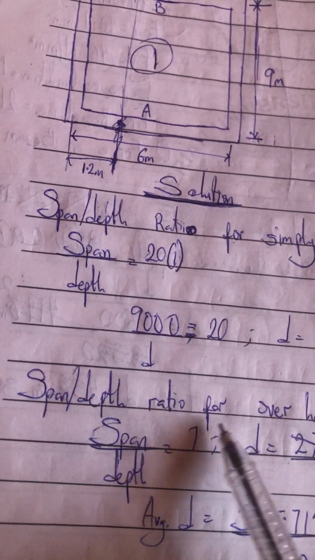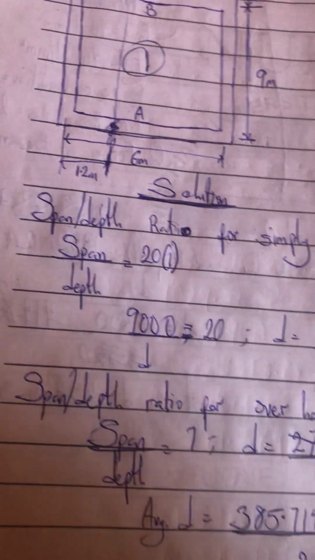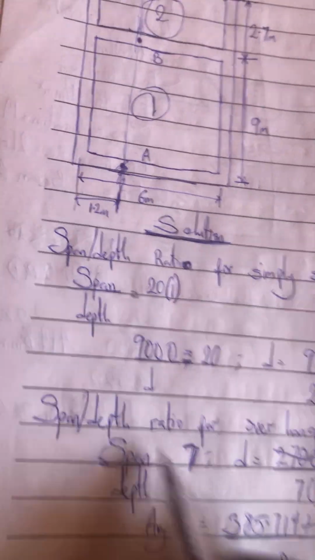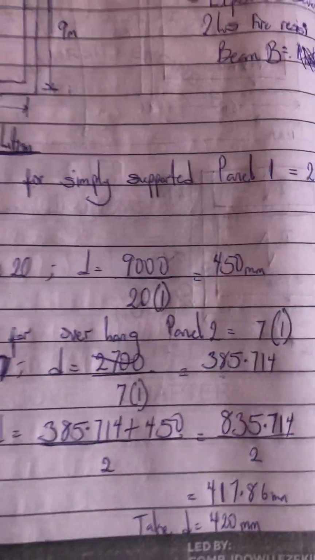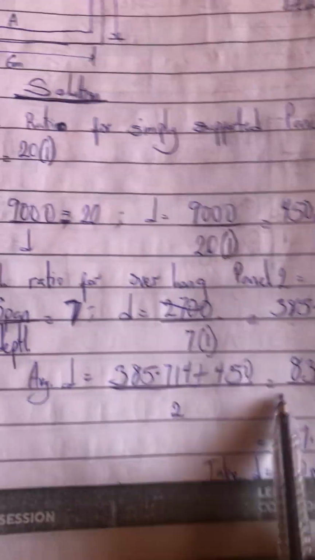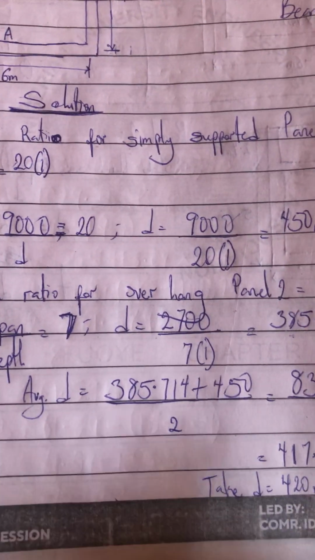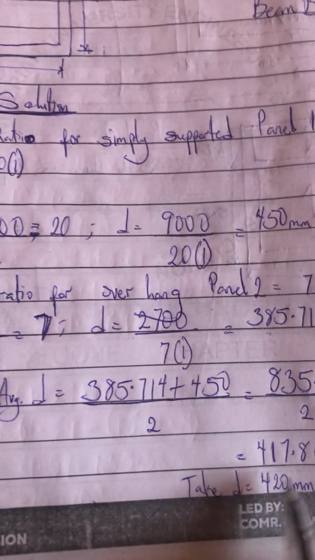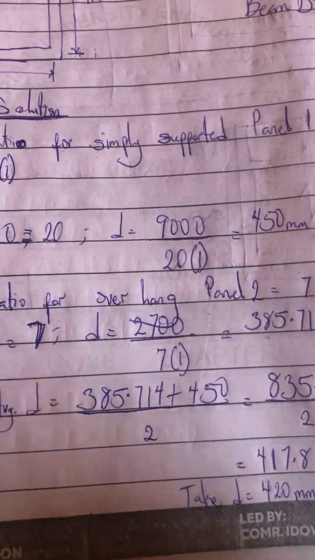For the overhang, which is the cantilever, our coefficient is 7. We do the same thing and get the value, and we take the average of the two.